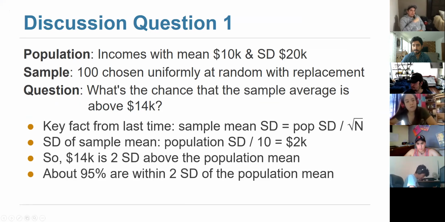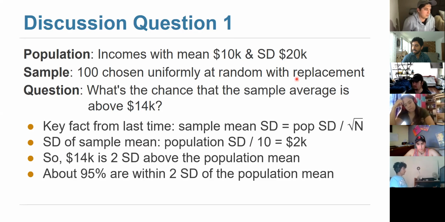If you do the math, you get 20 divided by 10, because the square root of 100 is 10, so you get 2k. This is the standard deviation of a sample mean. So 14k is 2 standard deviations above the population mean.